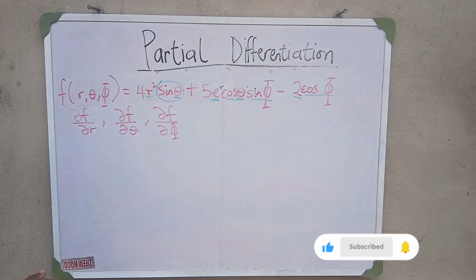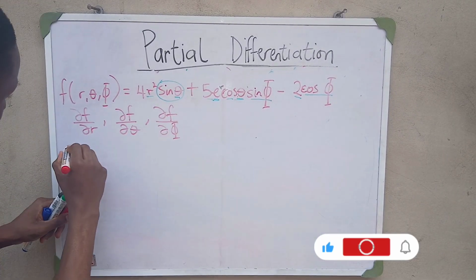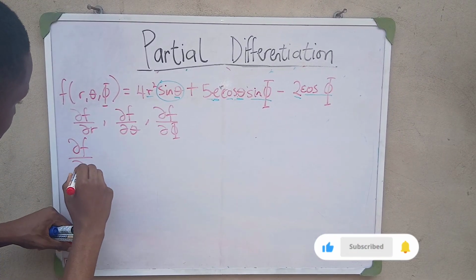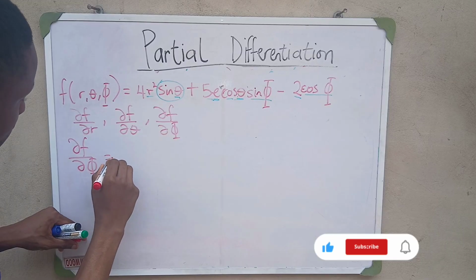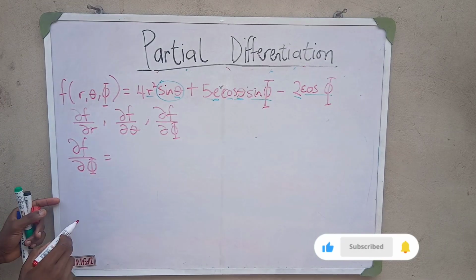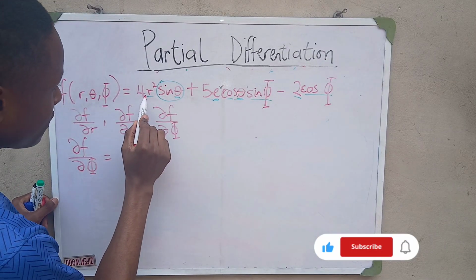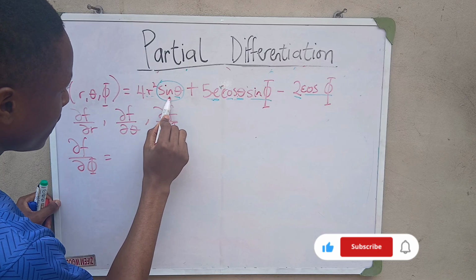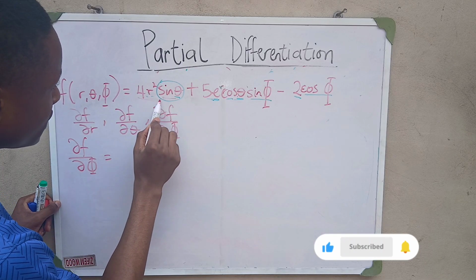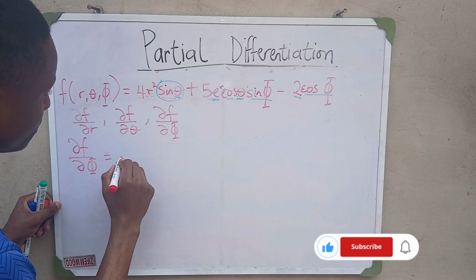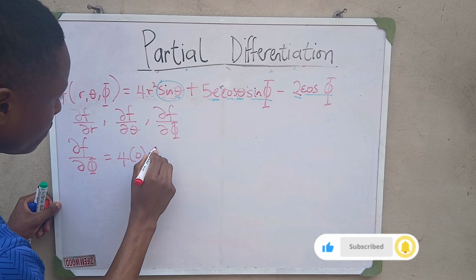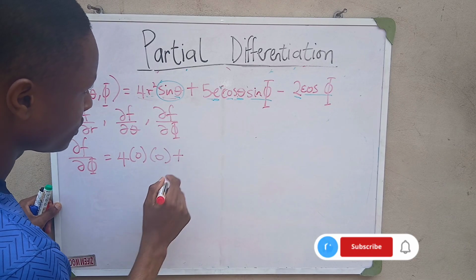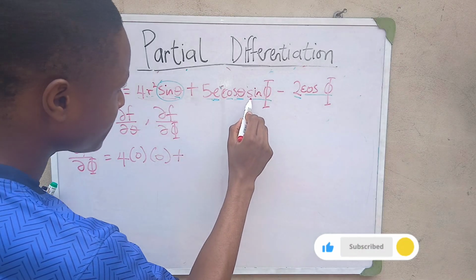So the last one, which is partial f partial psi, is equal to, now anything other than psi is a constant, so this and this are constant. So if we differentiate this, we're going to be having 0. So 4 into 0 times 0 plus, we have psi here.